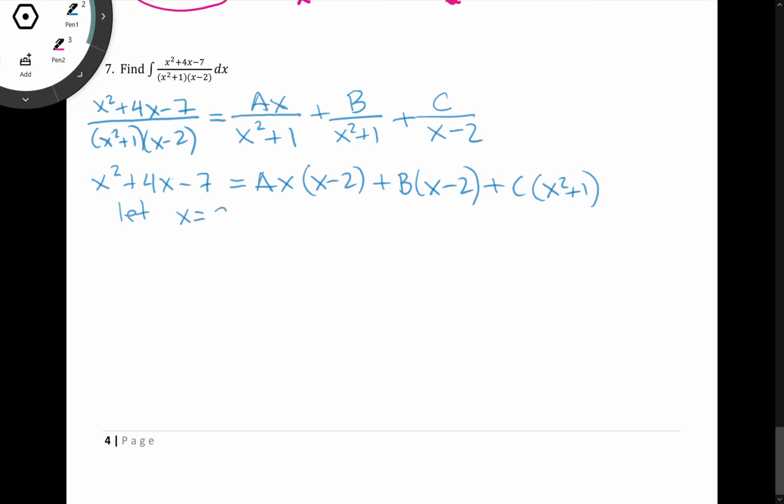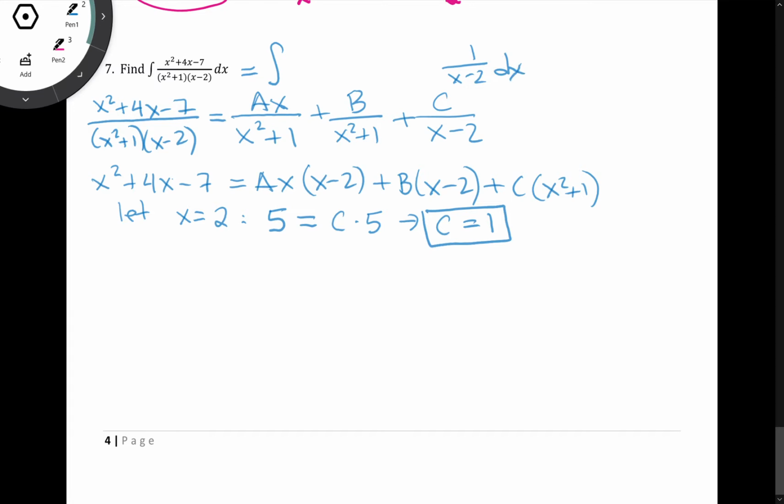If I let x equal 2, on the left-hand side I get 4 plus 8 minus 7, so 4 plus 1 is 5. The a gets multiplied by 0, the b gets multiplied by 0. All that's left is the c, and it's getting multiplied by 2 squared plus 1, which is 5. So it looks like c has to equal 1. So back up here at the top, we're going to have a 1 over x minus 2.